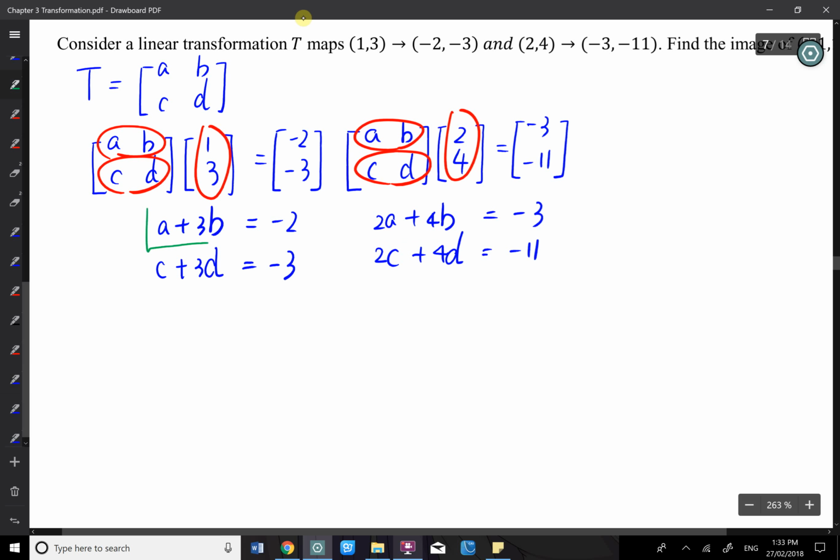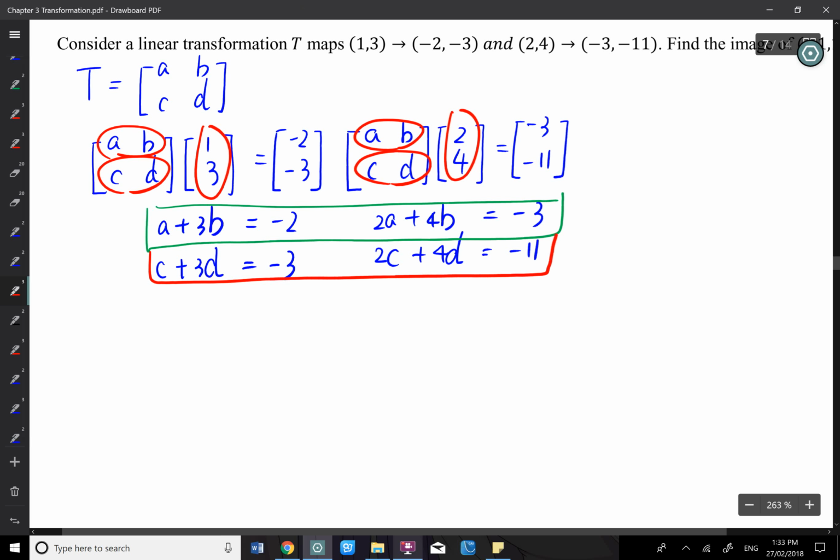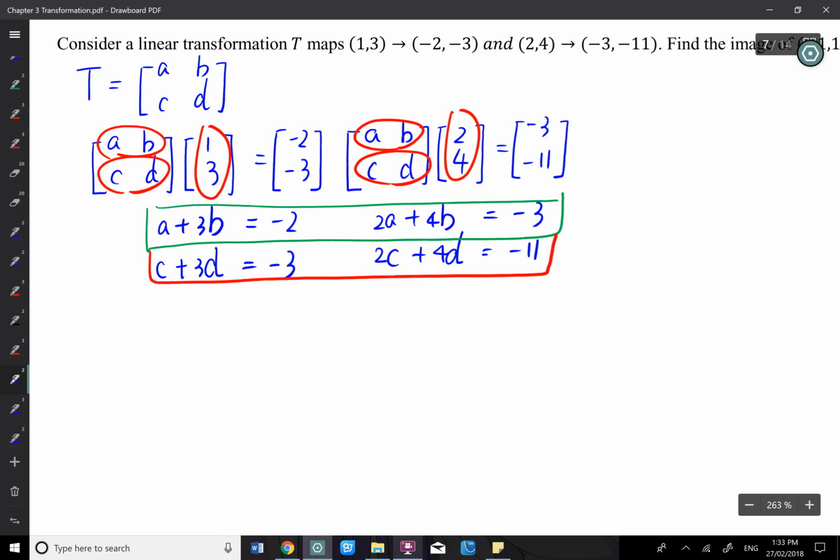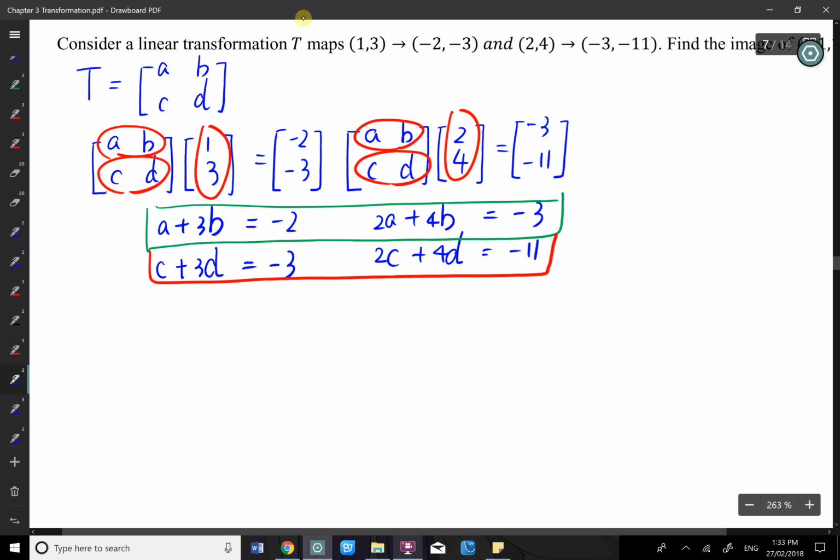So we can use these equations to solve. We can use the first two equations to solve for A and B, and the second two for C and D. I can multiply the first equation by 2: 2A plus 6B equals -4. And then you have 2A plus 4B equals -3.